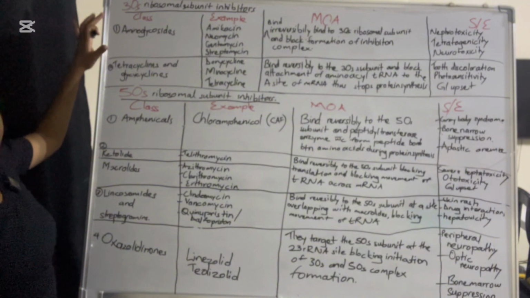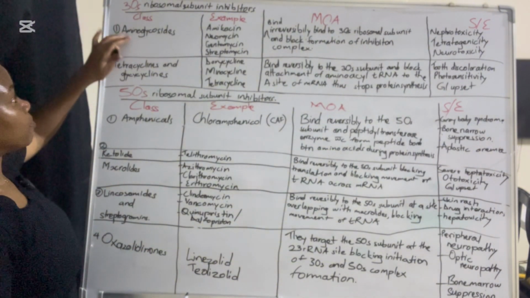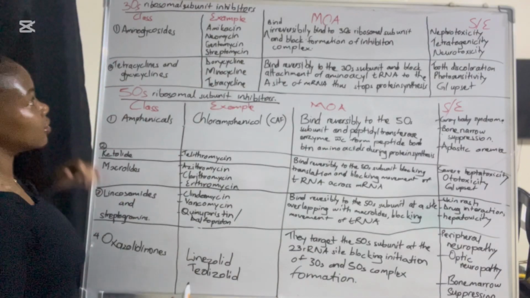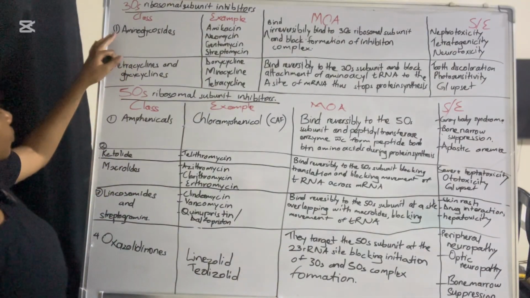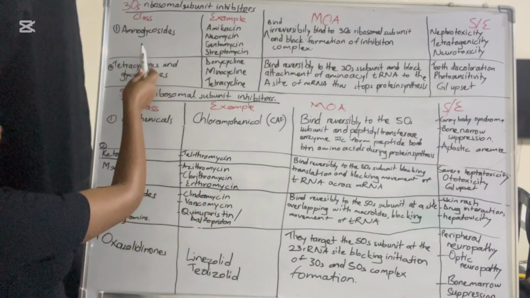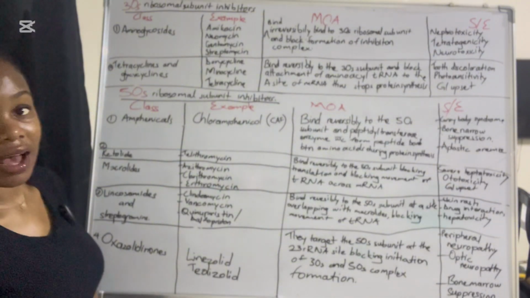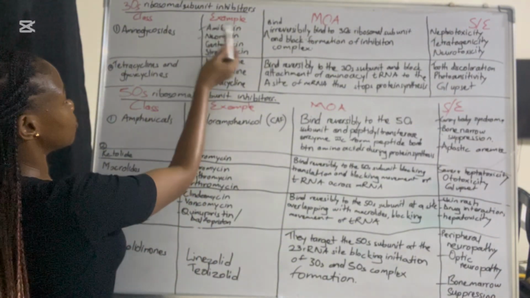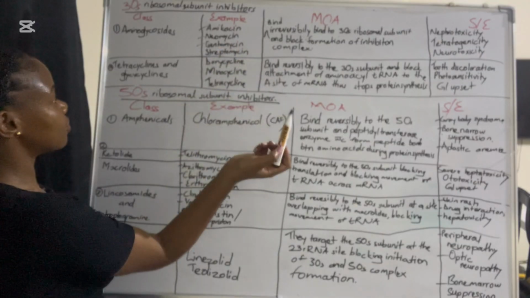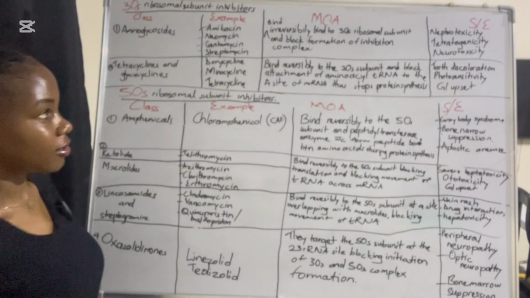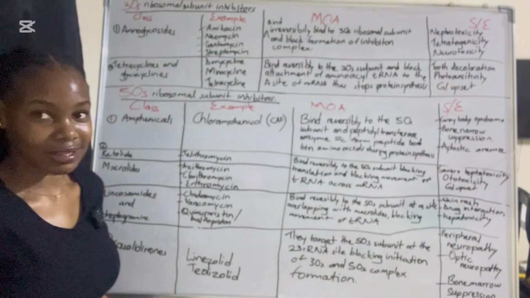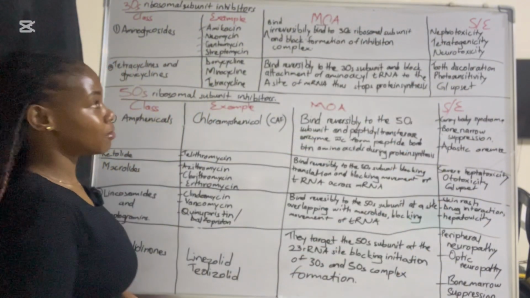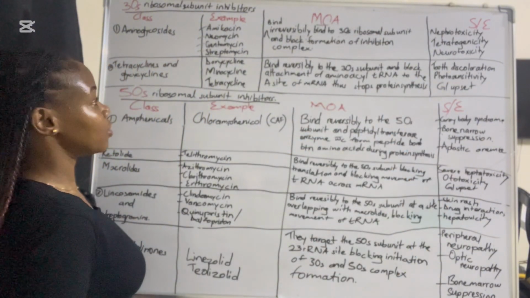Within the 30S, that is where we are having aminoglycosides, tetracyclines, and glycocyclines. Within the aminoglycosides, we are having examples like amikacin, neomycin, gentamicin, and streptomycin. Now our main focus is the mechanism of action. What is the mechanism of action of aminoglycosides?